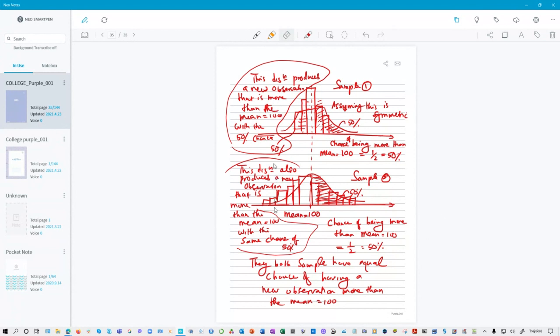Therefore, in both cases, they both produce equally likely new observations.